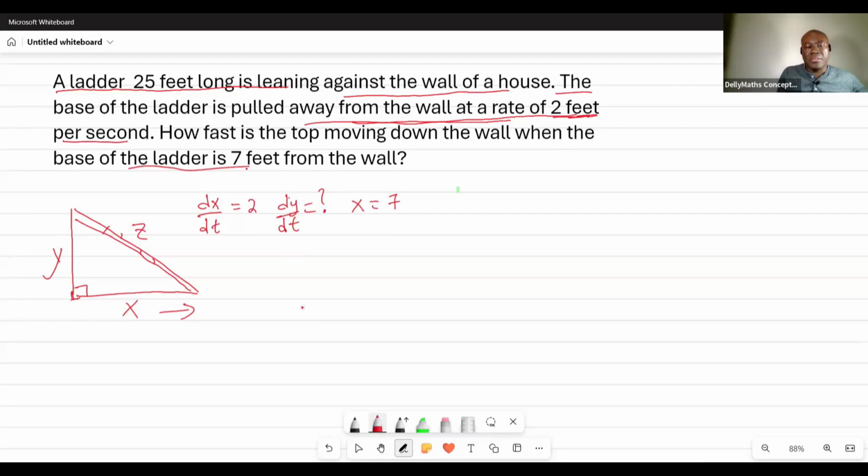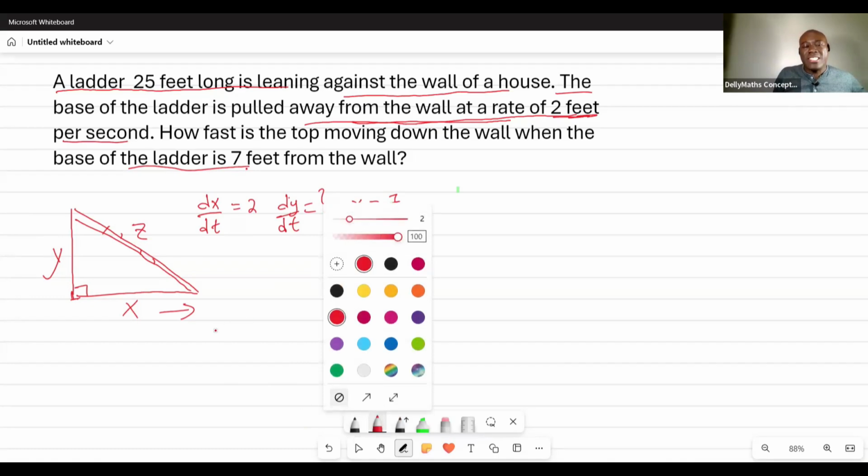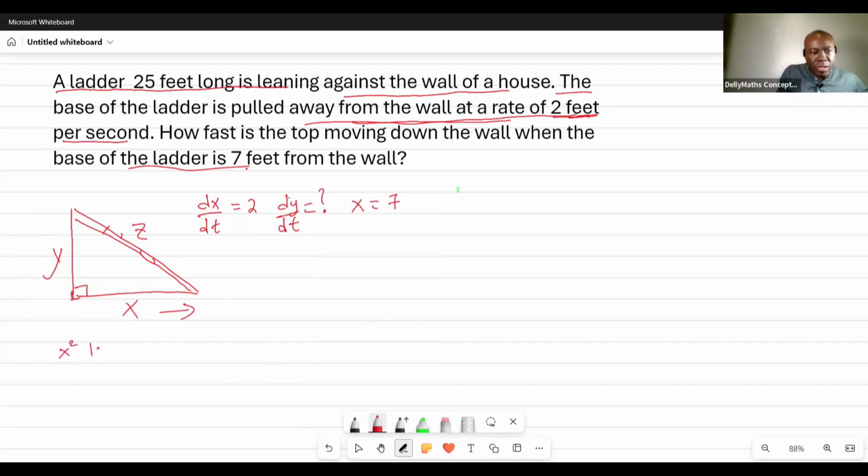One thing with these types of questions is that we have to find the derivative of whatever we're doing before we go. So we're going to have to make some relationship here. Since it's the Pythagorean theorem, we can say that x squared plus y squared gives us z squared.